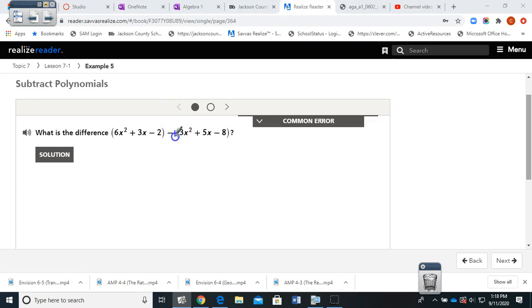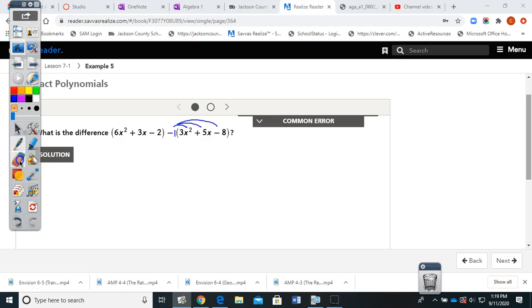It's a -1. So you can distribute that -1. When you distribute it, all the signs in here change. So, as a quick way of doing that, I can just change this to a plus sign and change all the signs behind it to the opposite of whatever they are. So this now becomes negative, negative, positive.